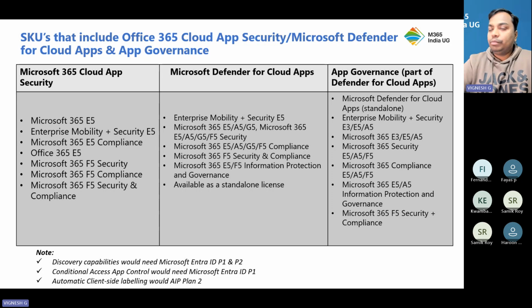And then also for the app governance piece, which I just spoke about, these are the different SKUs which offer that. Now, if you as an organization are only interested in Microsoft 365 Cloud App Security, good enough, you can just purchase those SKUs which give you that, or the add-ons. Or maybe you're interested in the complete Microsoft Defender for Cloud Apps capability, then you can look at the second column. So those are the SKUs.